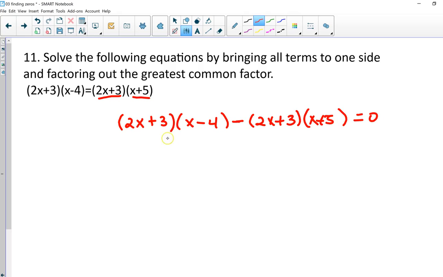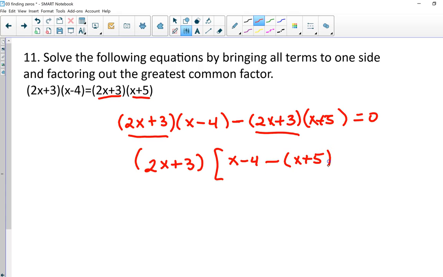Well, the problem gave you a great hint. They said, hey, we have a common factor. Let's factor it out and see what happens. When I factor out that GCF, I'm left with x minus 4 minus parenthesis x plus 5. I'm going to distribute that negative.